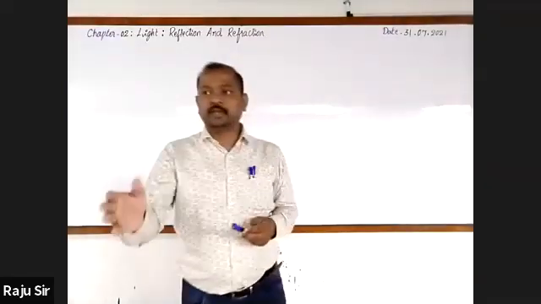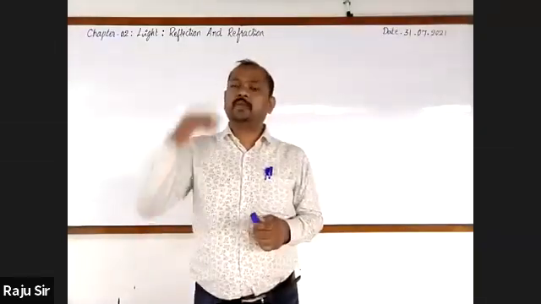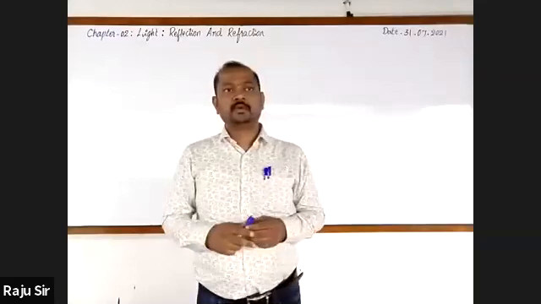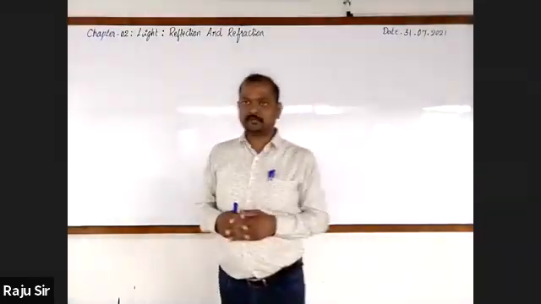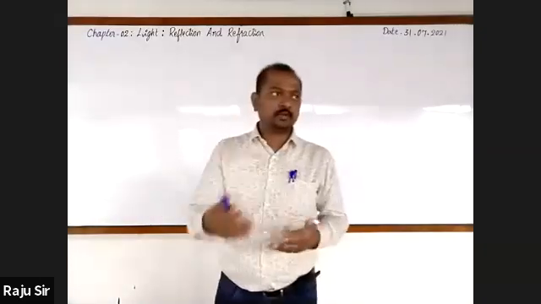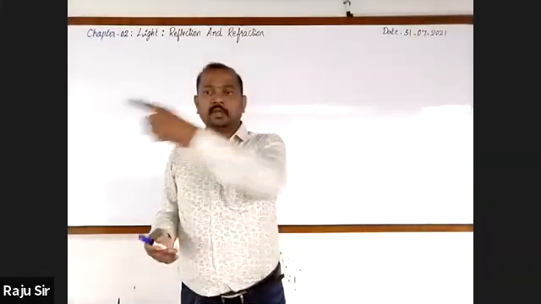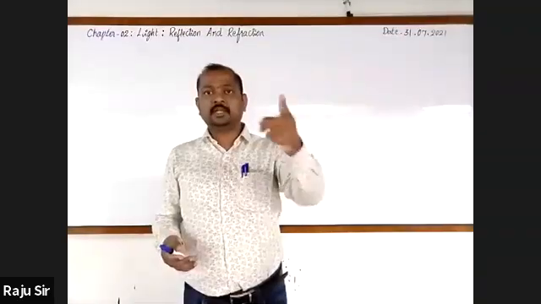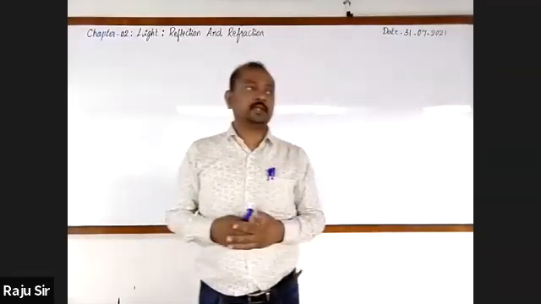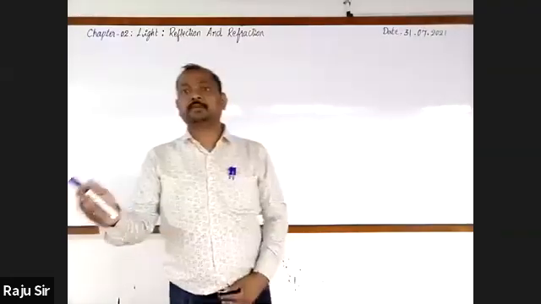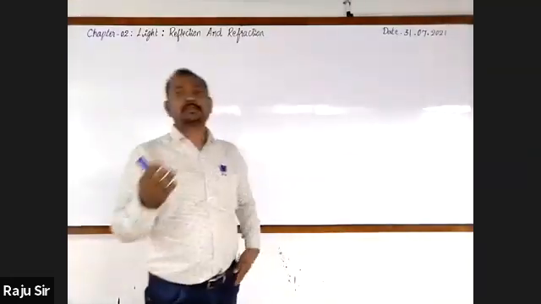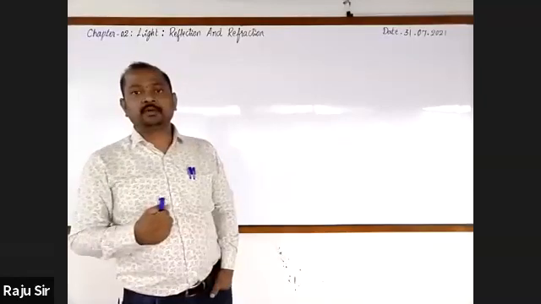If you find the refractive index of any medium with respect to vacuum, then it is called absolute refractive index. It can be defined as the ratio of velocity of light in vacuum to the velocity of light in the given medium, or the refractive index of the medium with respect to vacuum.